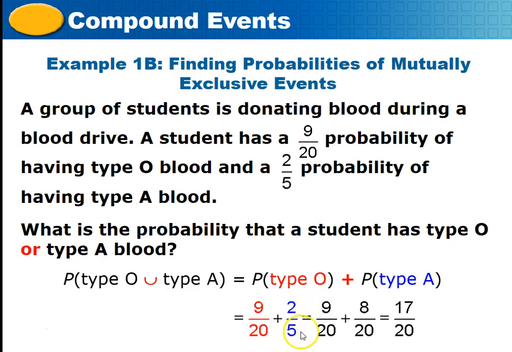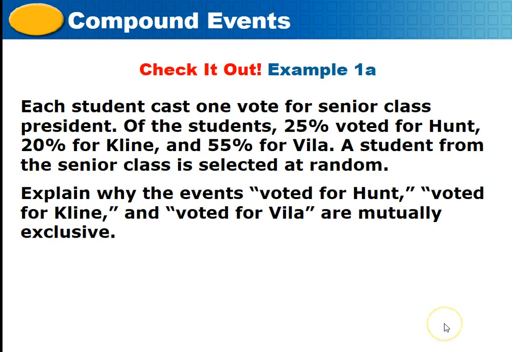Remember, 4/4 is 1, but when we multiply the 4 times the 5 down here, it gives us 20. So that's how we got 8/20 over here. Add the 9 to the 8, that's 17, and remember we have a common denominator, so it stays common. So our probability of someone having type O or type A blood is 17/20.